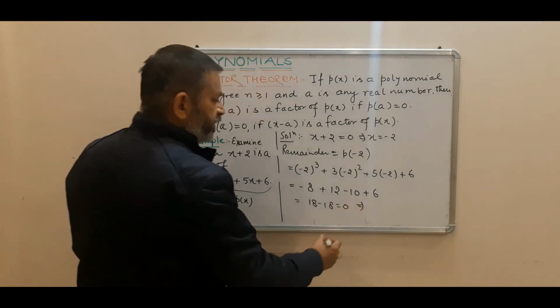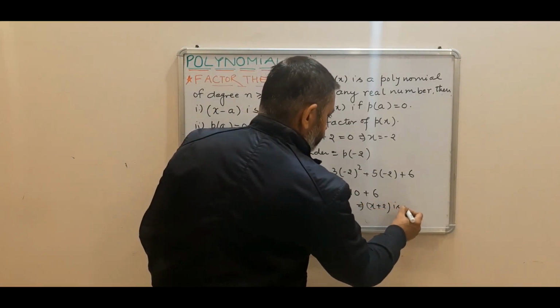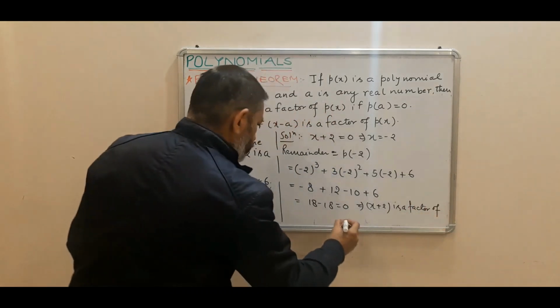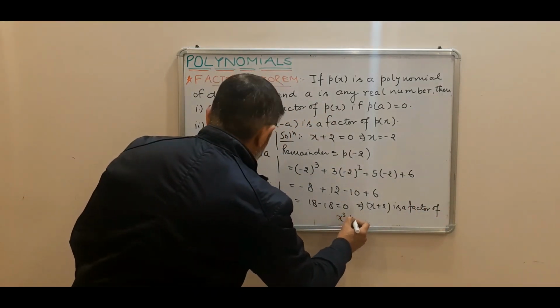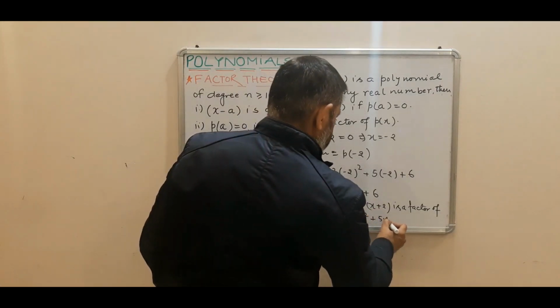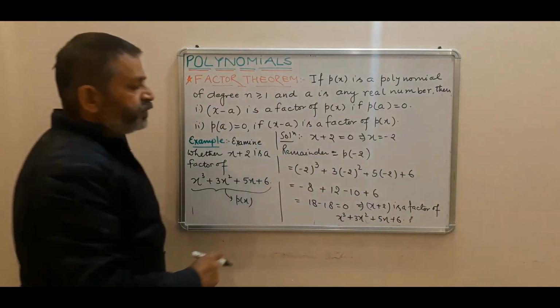So it means x + 2 is a factor of the given polynomial, that is x^3 + 3x^2 + 5x + 6. This is how we are going to use this factor theorem.